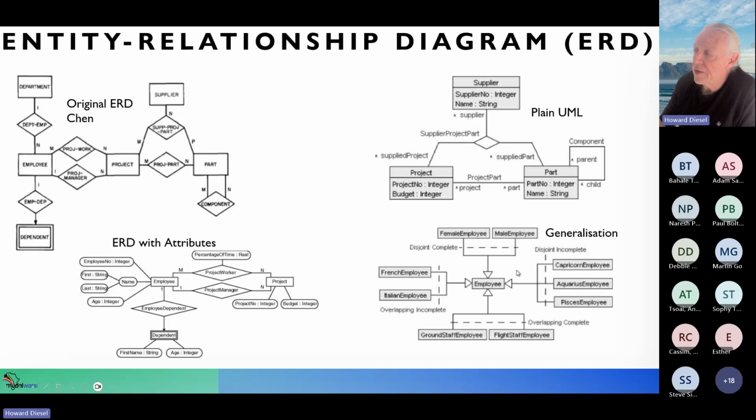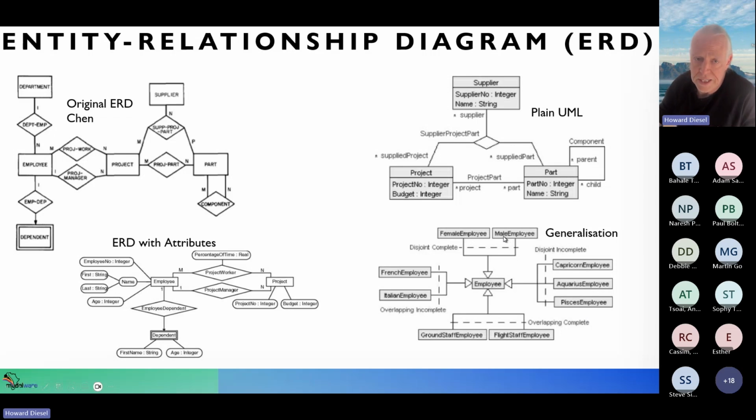And then here's a way of describing generalization in UML. And you can see here there's disjoint and overlapping. Okay, so basically what it says is that you can't get any more than the individual elements, okay, they are the full superset. And you can see them. We basically have female employee, male employee.